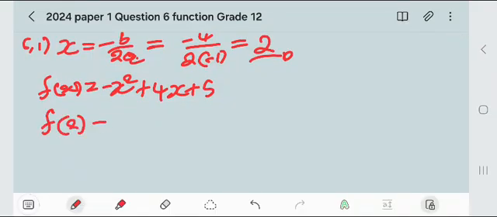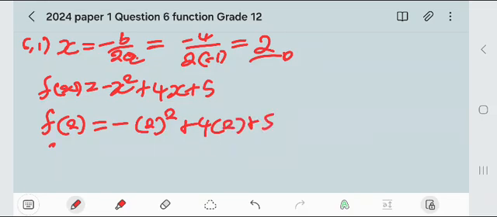When you substitute 2, 2 squared is 4, plus 4 times 2, plus 5. You punch that in the calculator and get 9.